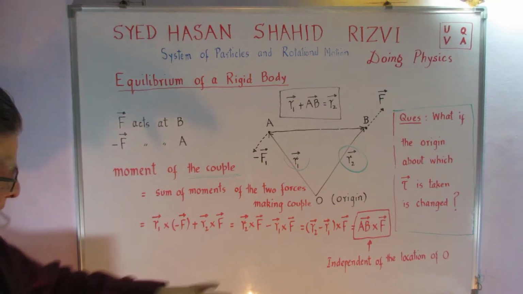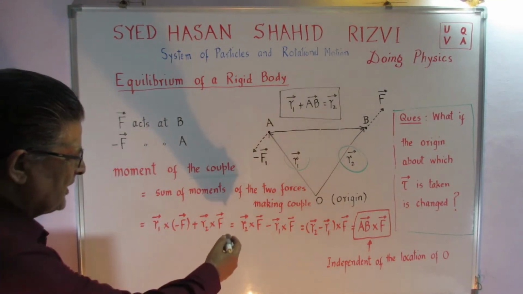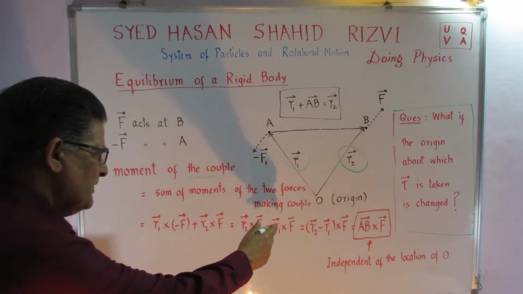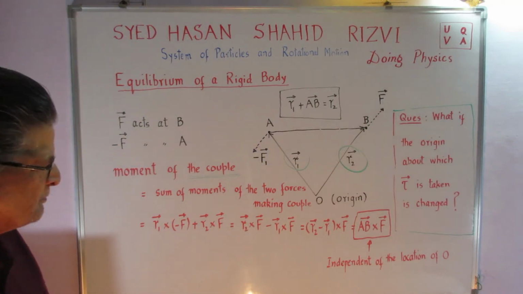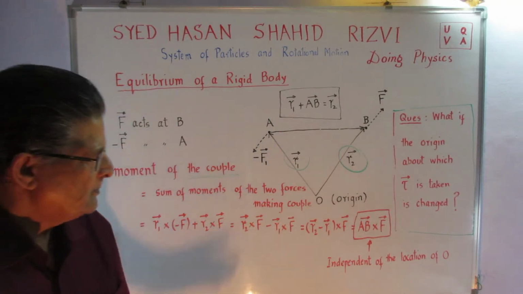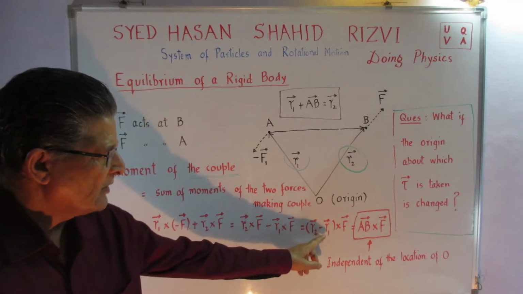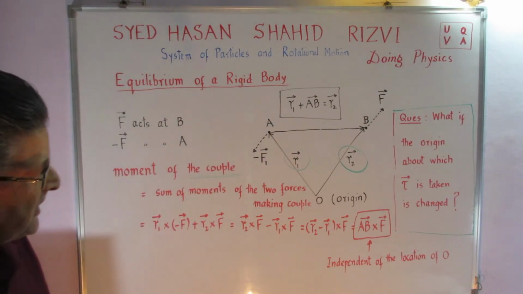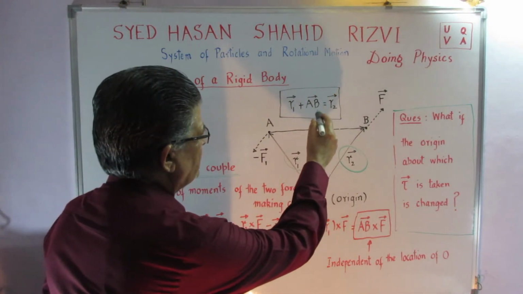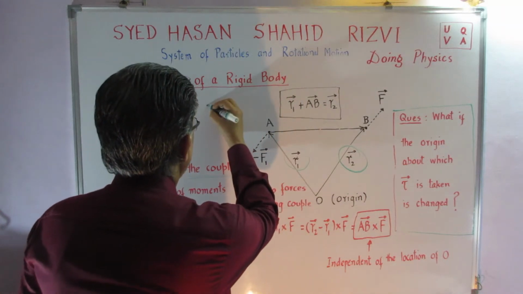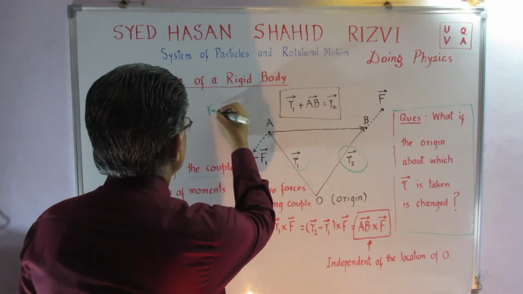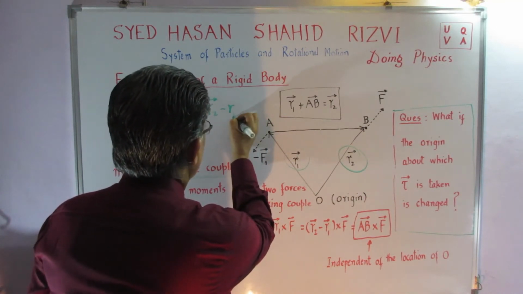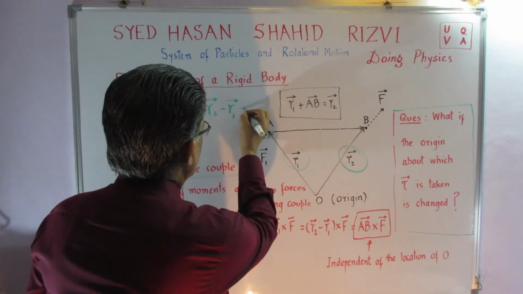So if I rearrange the terms, this turns out to be R2 cross F minus R1 cross F, and if I take F as common, then I am left with R2 minus R1 cross F. R2 minus R1. So from here you can see that I can write that R2 minus R1 is equal to vector AB.